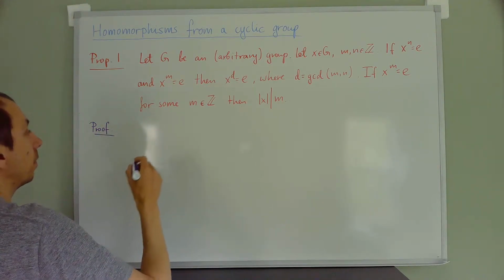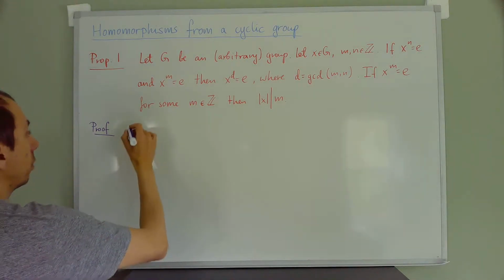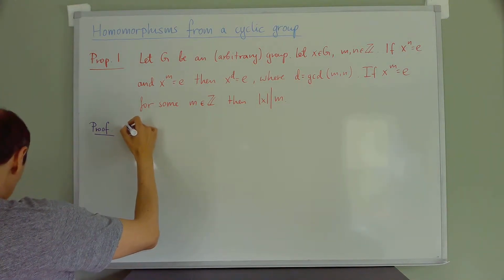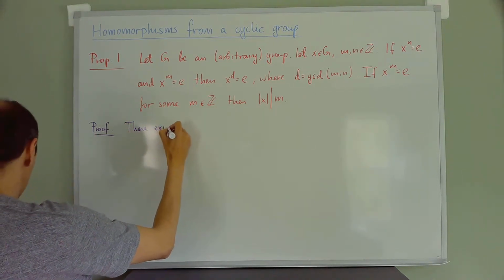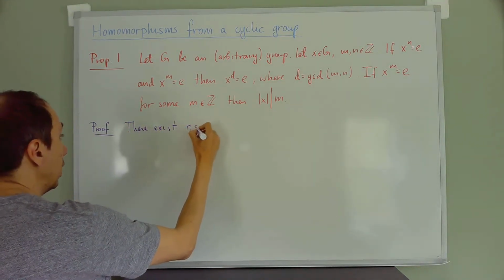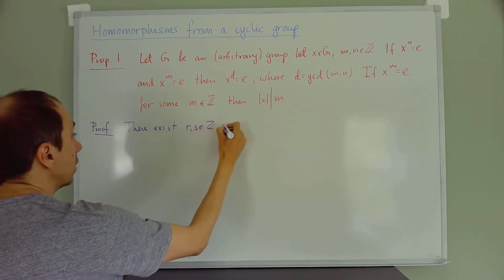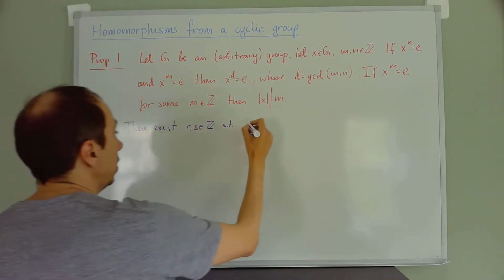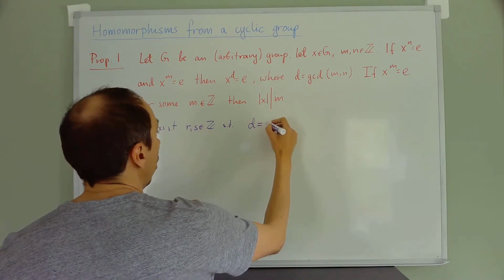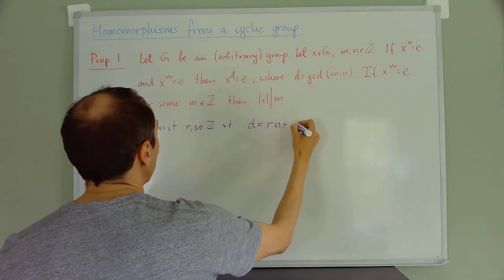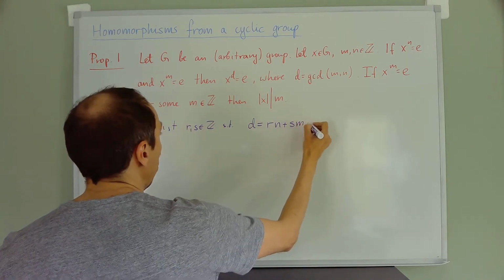So we know by the fundamental theorem of arithmetic that there exist r and s in Z such that the GCD of m and n, so d, is equal to rn plus sm.